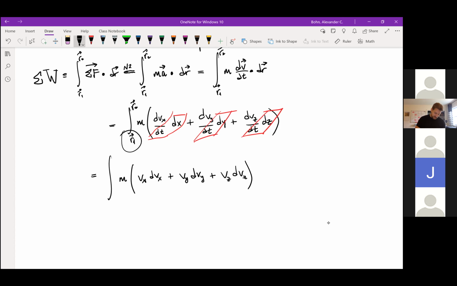So this is going from velocity 1 to velocity 2. It's a little bit odd that this is a vector velocity and the integrand is scalar, because we just took the dot product. We know it's scalar. We should really have scalar bounds.